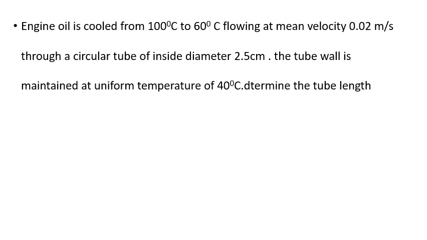Here, if I am supposed to find out the bulk mean temperature Tm, we can use 100 plus 60 divided by 2, that is equal to 80 degrees centigrade for engine oil.